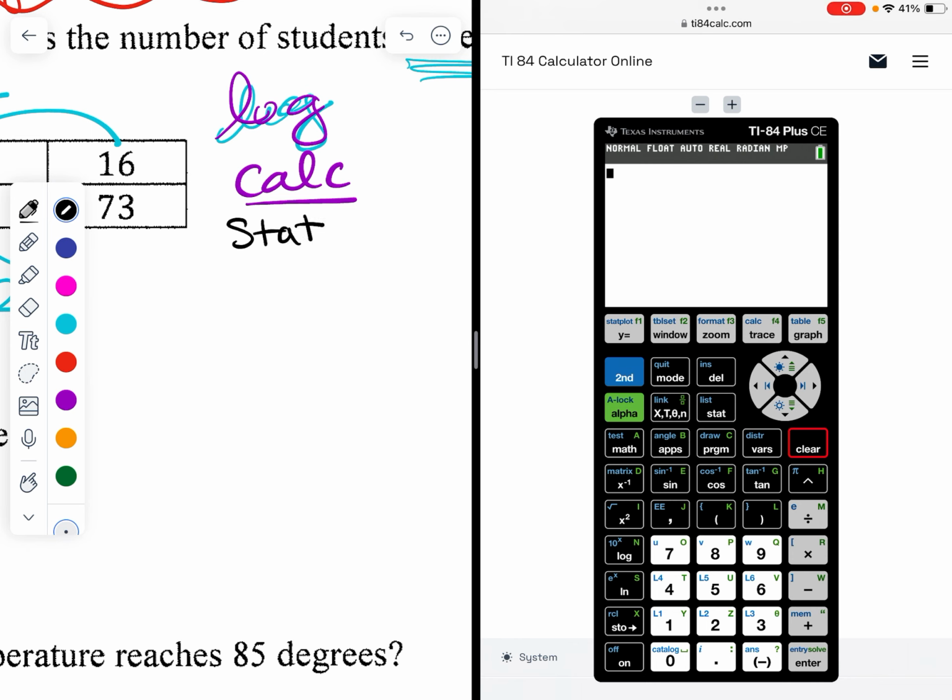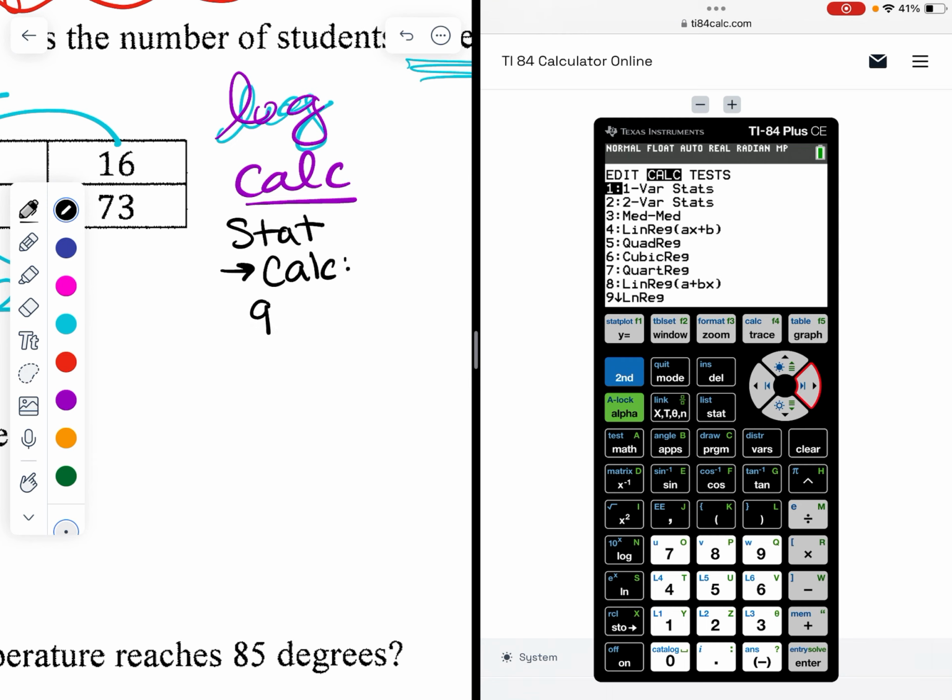After stat, scroll over 1 to the right and click calc. We're going to use our ln regression, which is option 9, to find that.